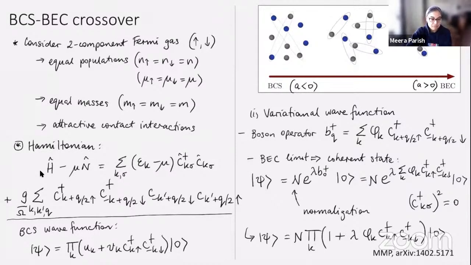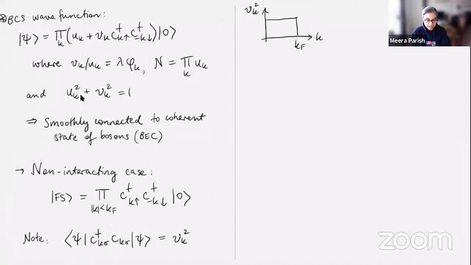So what might be useful is if I plot the behavior of this VK squared, this parameter here, throughout the crossover. Just before I do that, I wanted to remind you that the Fermi wave vector KF is related to the density.